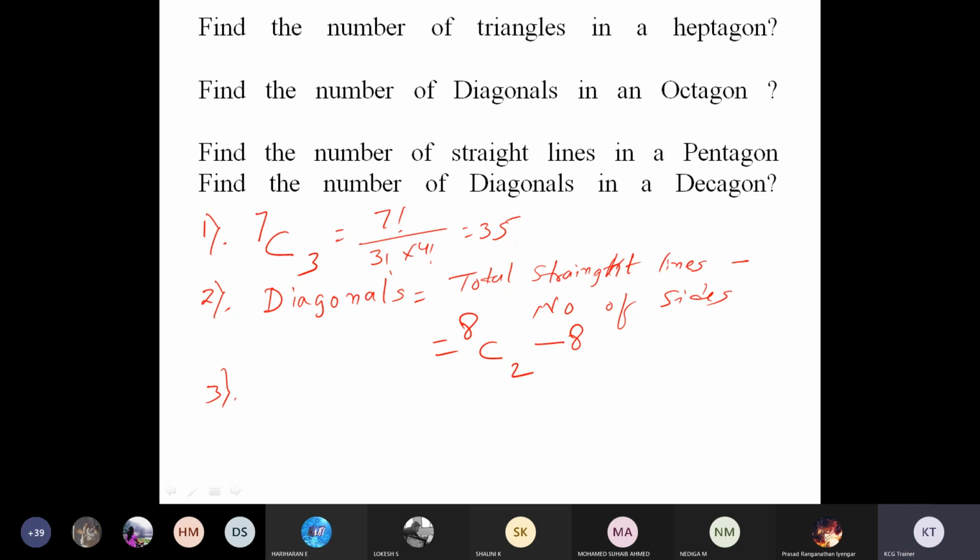Anyone give me the answer for the third and fourth question? What is the answer for the third question? Find the number of straight lines in a pentagon. What is the answer, guys, for the third one?